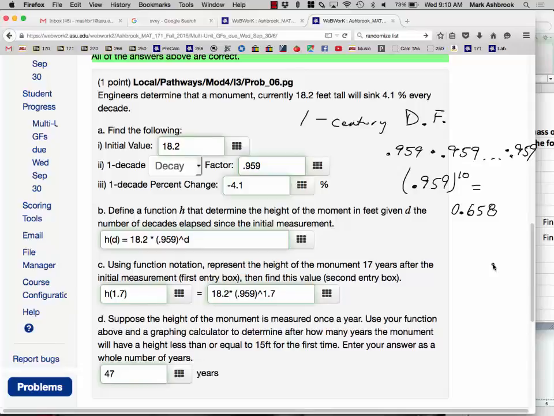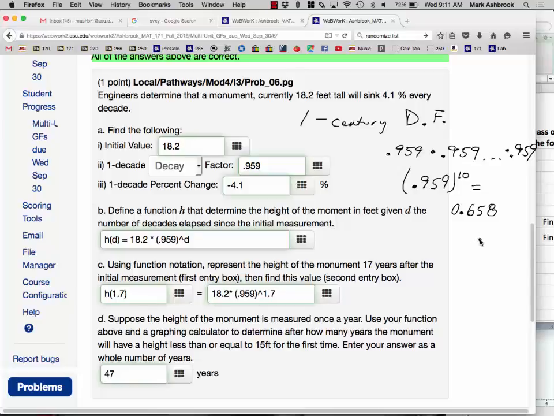Our 1 decade decay factor is 0.959. Our 1 century decay factor is 0.658, or 0.959 multiplied 10 times, because every decade you multiply the output by 0.959 to get the next decade's output.